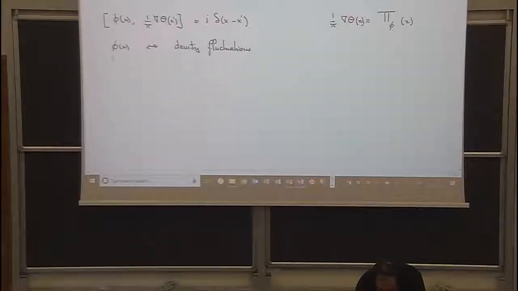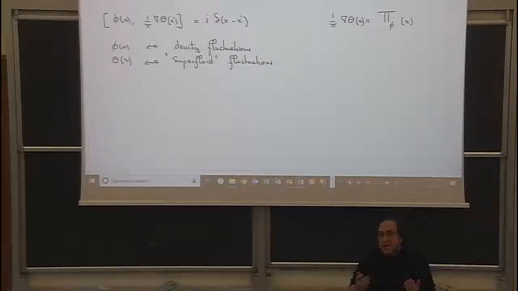And I would say theta of x is associated with superfluid fluctuations, whatever that means. Meaning, if theta is ordered, if theta is a number, my system is a superfluid.